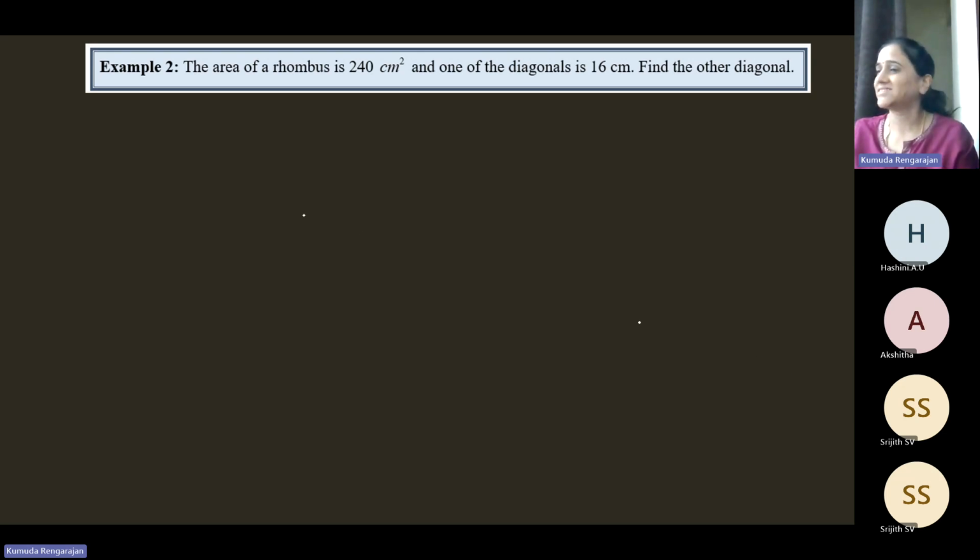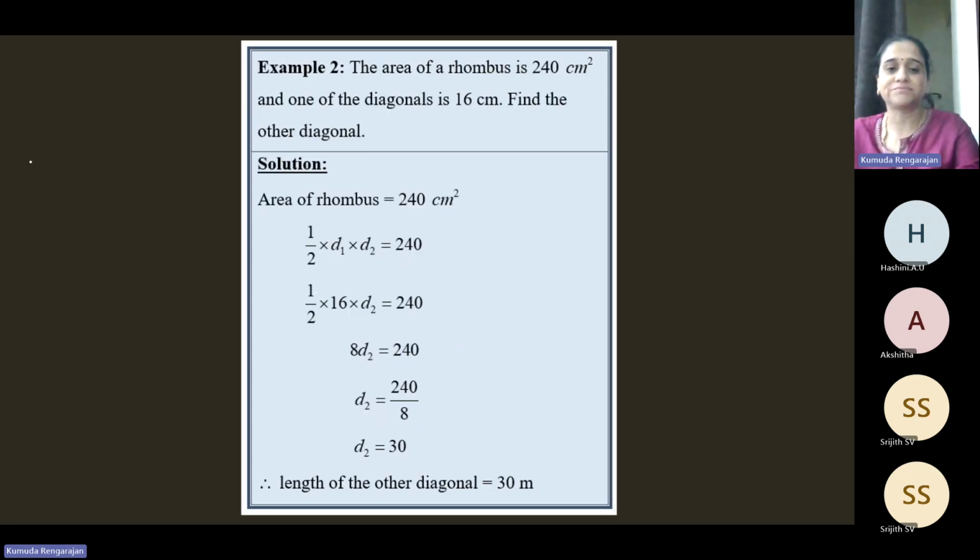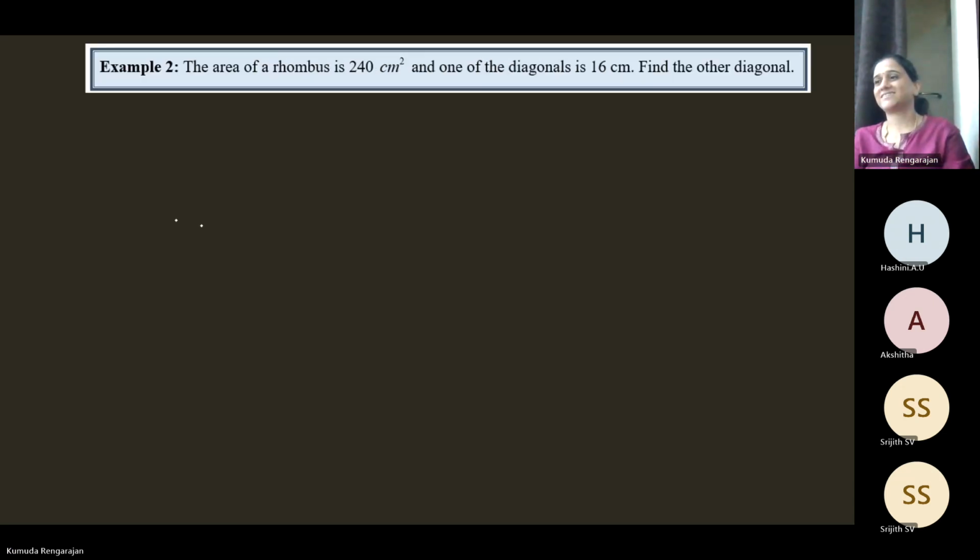Half into 16 into b. Correct. Very good. Okay, fine. Okay, okay. It's good, so you can move on. Okay. Area is given, children. Area is 240. And one diagonal is given. So half into d1 into d2 is equal to 240.